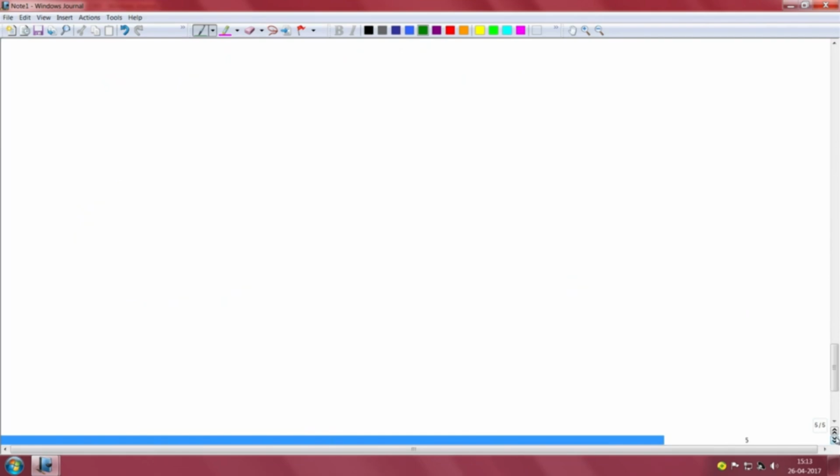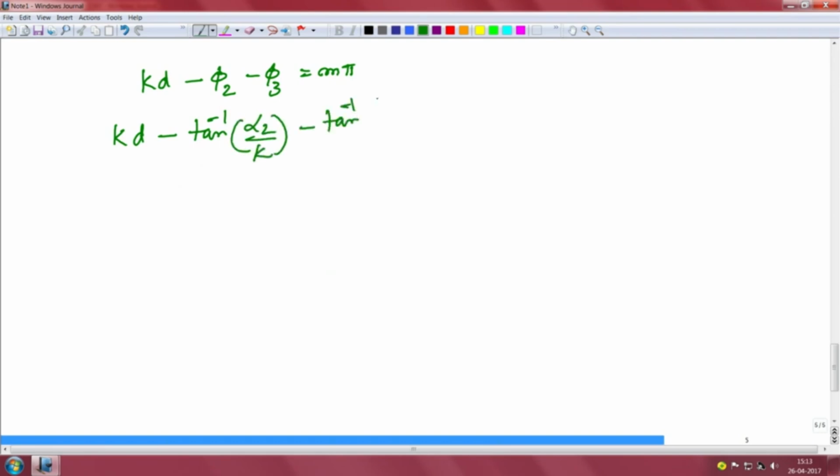In other words, we have got a solution like kd minus phi 2 minus phi 3 equals m pi, and replacing back phi 2 and phi 3 with tan inverse alpha 2 by k and alpha 3 by k, we get kd minus tan inverse alpha 2 by k minus tan inverse alpha 3 by k equals m pi.